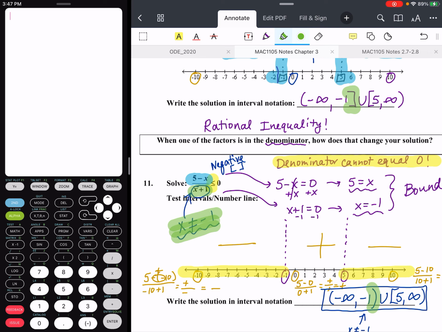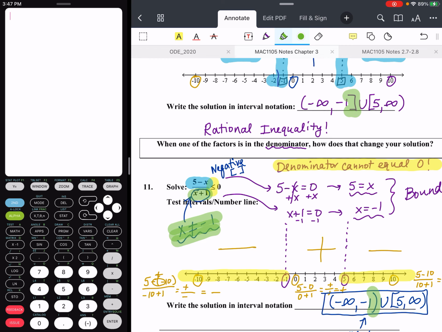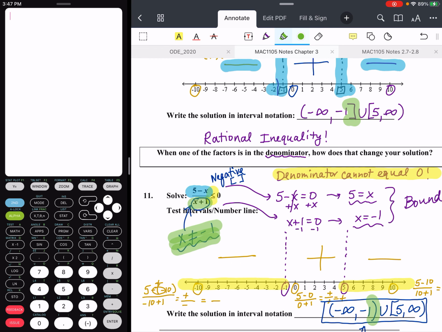So I'm not allowed to put a square bracket for my rational inequality solution at -1. So if you haven't watched the video for number 11 yet, check that out and then come back to this, and then this compares the two results. So polynomial inequality versus rational inequality, that's the only difference. There's that extra restriction when you have a variable in the denominator, which you do with rational inequalities.